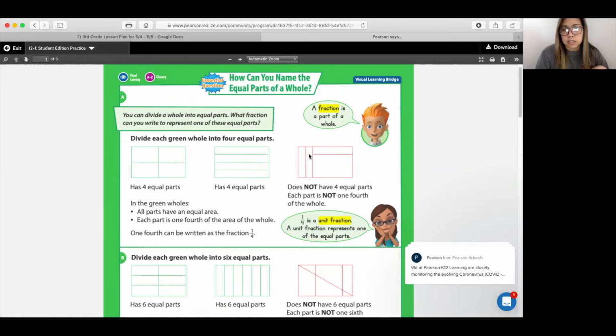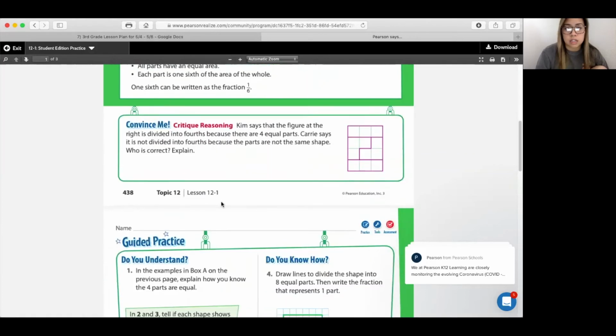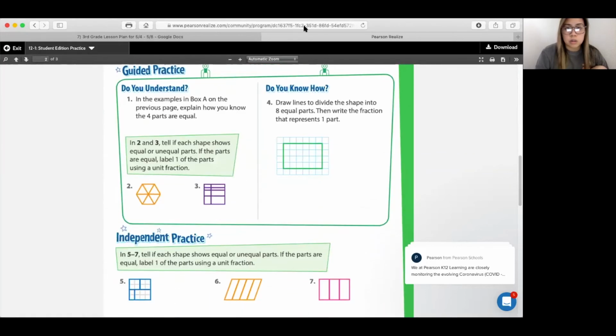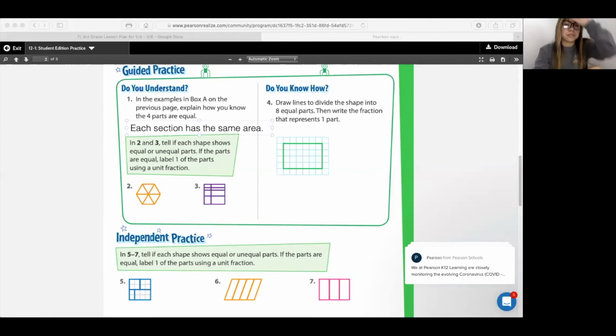This one is basically the same as this one, but then we have this huge big part here, so we know that they are not equal. So let me go ahead and type this out. Each section, because if we divide that whole shape into sections, each section has the same area.